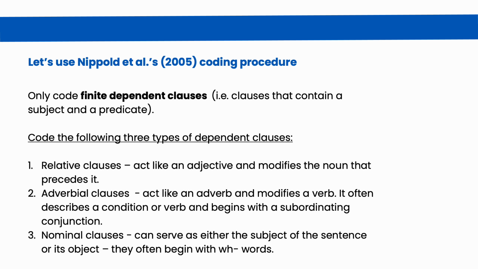They often describe a condition and begin with a subordinating conjunction. The third one is a little bit trickier. They're nominal clauses, and they can serve as either the subject of the sentence or its object, and they often begin with WH words.